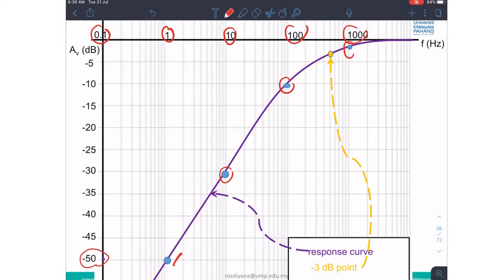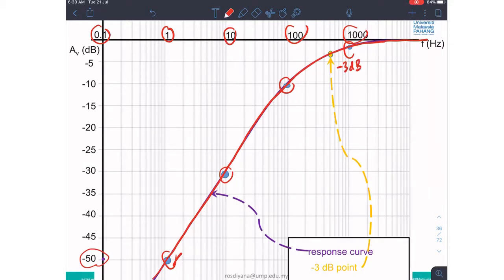Then when you get these points, you draw this line, just draw this side, and at this side it's something like this.